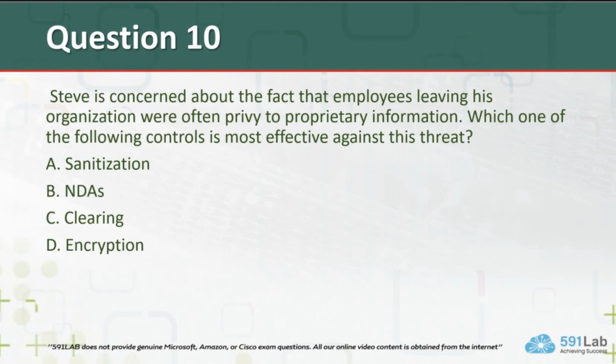So agreements are used to enforce confidentiality with employees and may remain in effect even after the employee leaves the organization. They will actually have legal obligation and legal consequences if someone breaches a non-disclosure agreement. So that's why the answer B would be most appropriate for the scenario that was presented in the question.